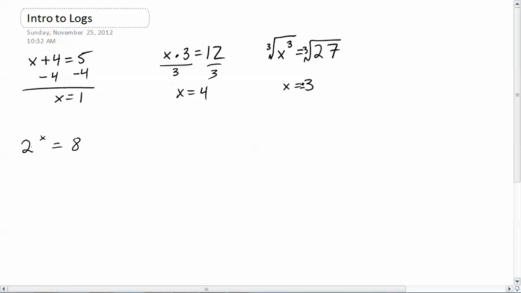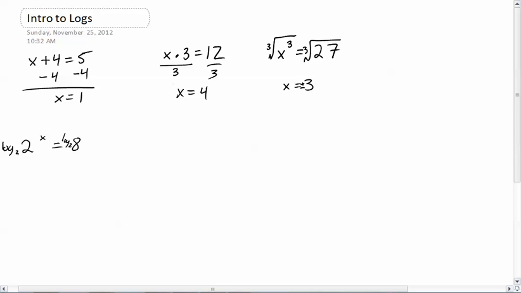Well, really, it's the opposite of an exponential. And what is the opposite of an exponential? It's a logarithm. What I'm going to do is take the logarithm base 2 of both sides. So I'm going to do log base 2 of this side and log base 2 of that side.